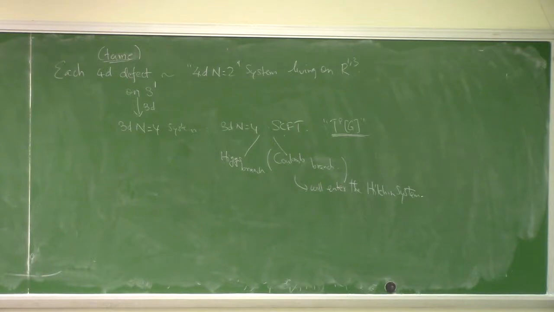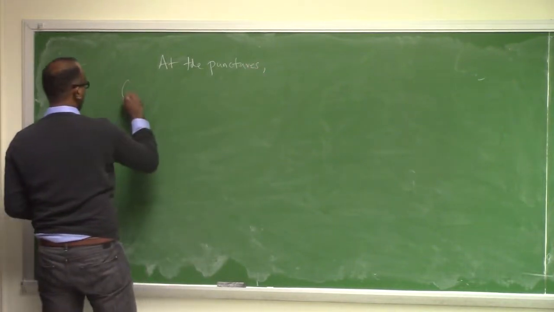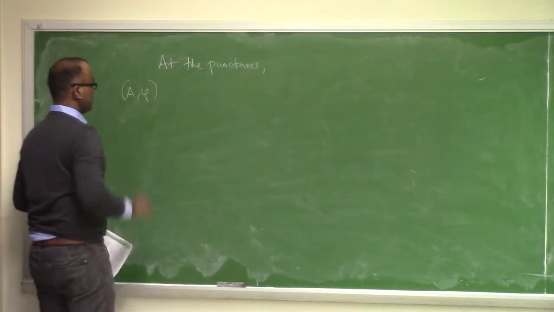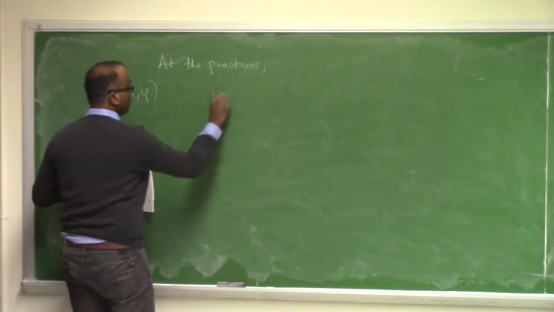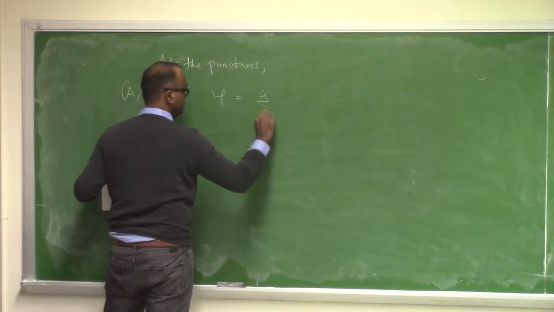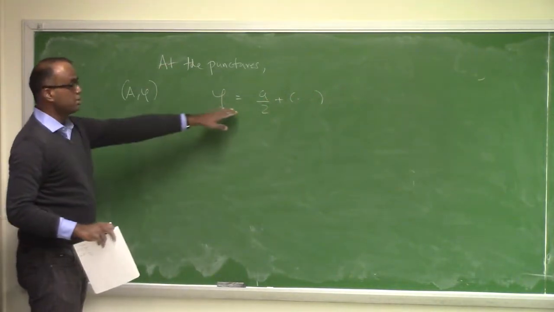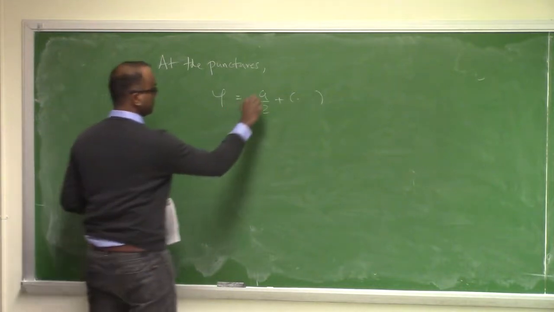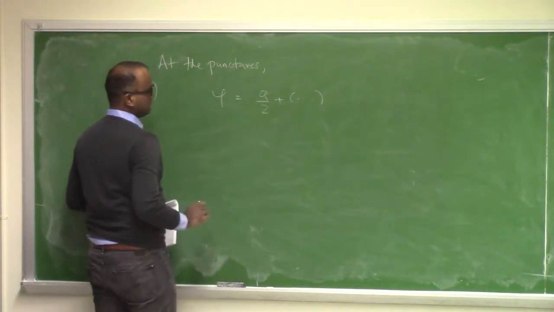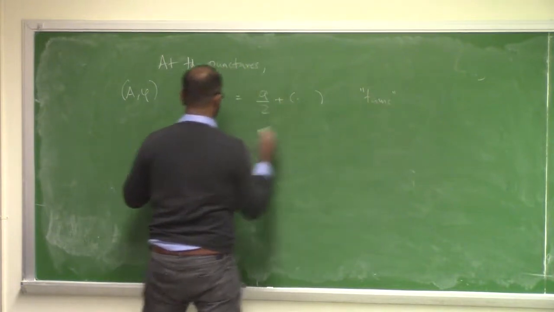So at the punctures, I recall I had the A field and the phi field. I'm going to allow for simple poles for my Higgs field, so it's going to be meromorphic. This condition that it has a simple pole is what corresponds to the condition of tameness.